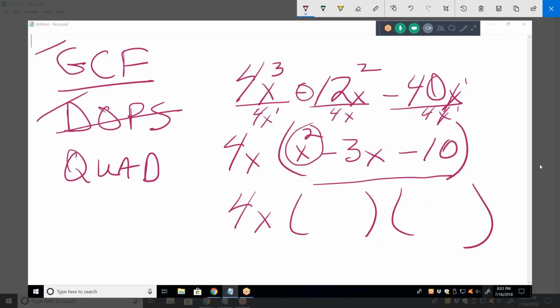They require my method, which is either 3 or 4 steps. That's it, maximum. Okay? This one is 4 steps. Whenever there's a negative sign there, it's usually going to be 4 steps. If that was a positive sign, it would be a 3-stepper. Okay? What's step 1?